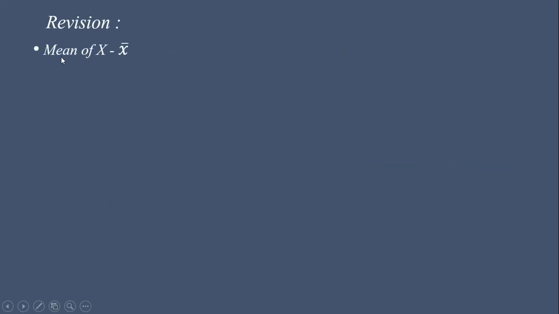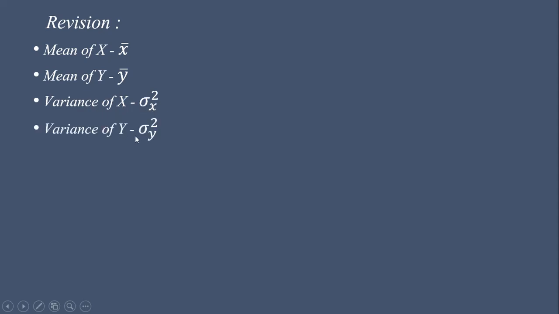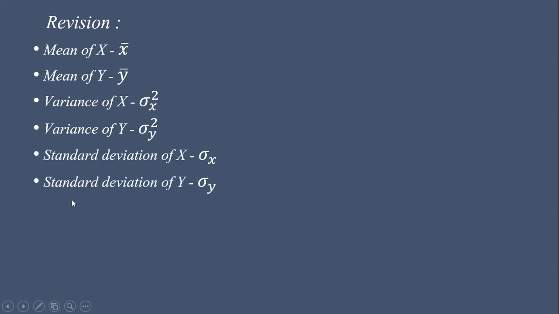First, the terms. Mean of x we denote by x bar, mean of y we denote by y bar, variance of x sigma square x, variance of y sigma square y, standard deviation of x sigma x, standard deviation of y sigma y.